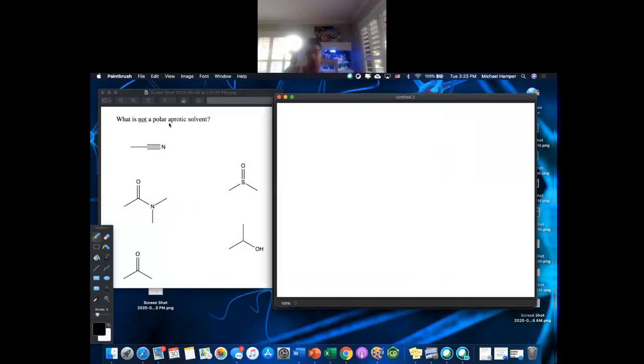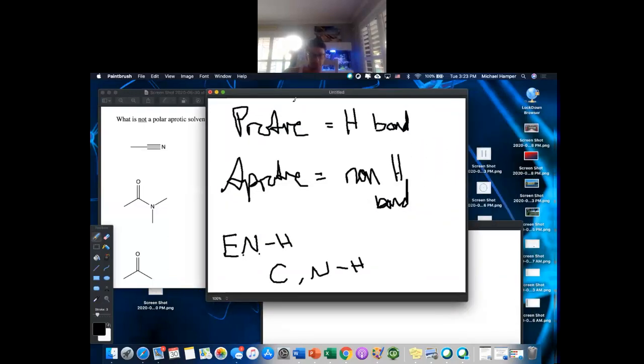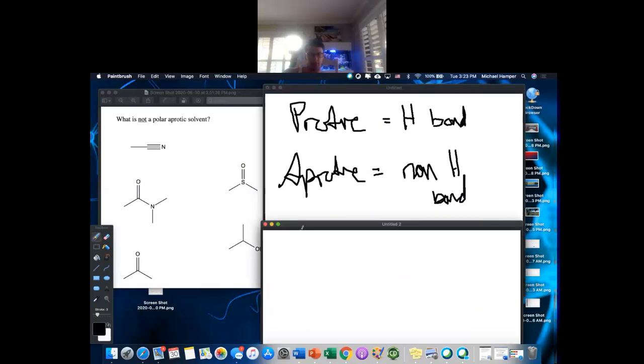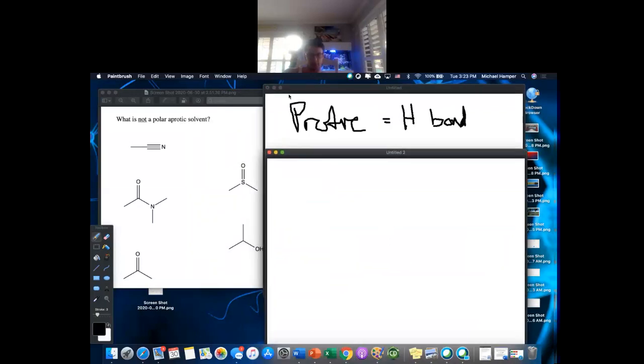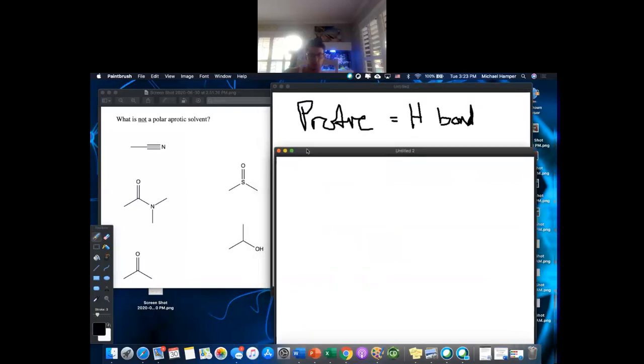We're looking at polar aprotic, but what isn't polar aprotic? So we're saying what does not have hydrogen bonding. Kind of confusing, but this is an example that I've seen in bonding before, so I don't want you guys to miss points. What it's pretty much asking is which one is protic, right? If it's not polar aprotic, then you're asking for which one is protic.